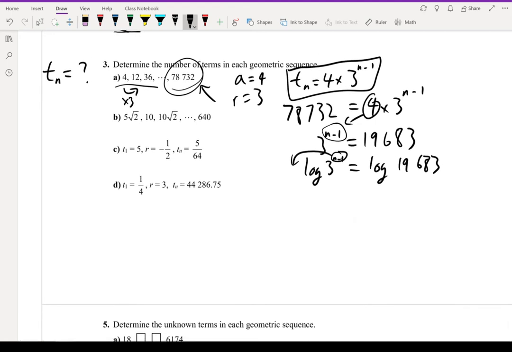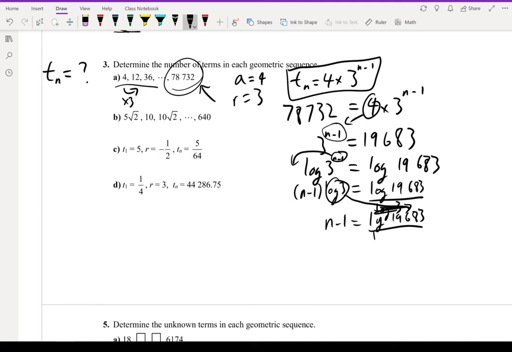That becomes n minus 1 times log of 3 is equal to log of 19,683. And then you move that log of 3 down to the bottom as algebra. So we will have n minus 1 is equal to log 19,683 over log of 3. And then you can just put it into your calculator. I'm not sure whether my calculator has it because I'm using my phone right now. Oh, I do.